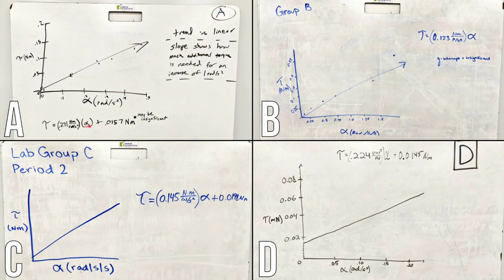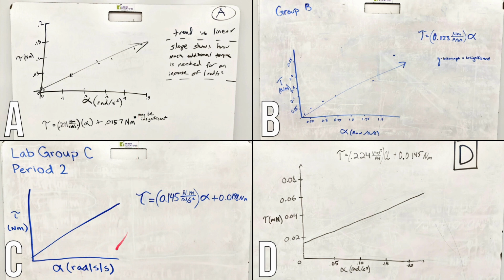And for group A, if you plug in 1 here, and for argument's sake let's say that there's not a lot of frictional torque, so the y-intercept is close to 0, but we said it is significant. That would mean group A, to get an angular acceleration of 1 radian per second squared, would essentially need to apply a torque of 0.271 Newton meters. That's what their equation suggests.